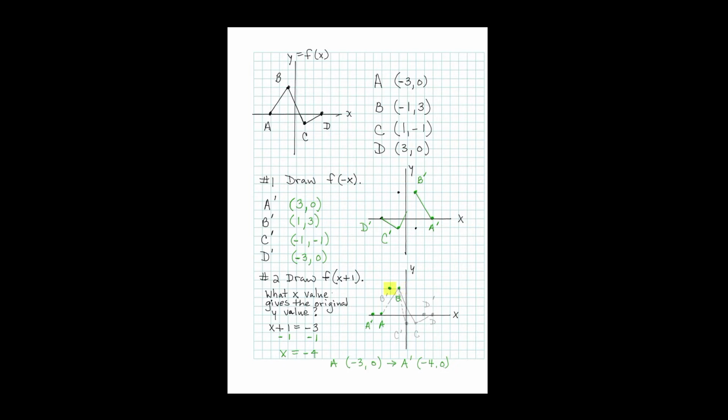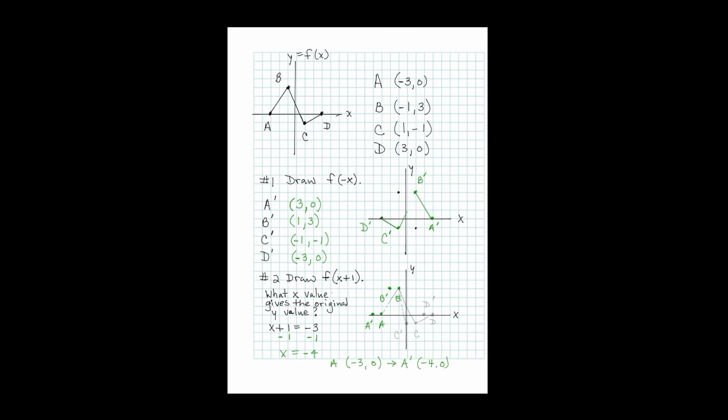I'm choosing on this particular problem to just show you geometrically what's happening for the most part, instead of doing algebra for every point as I have in another video. So B gets translated to the left 1, and so now it's at -2, 3.